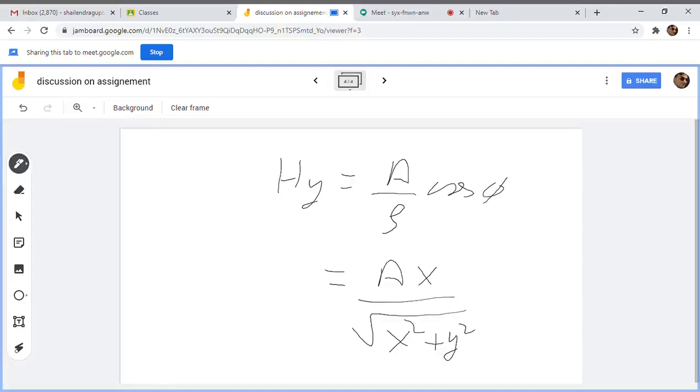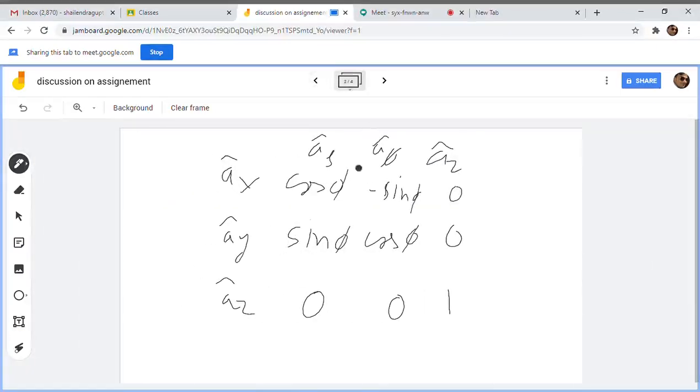Can anybody tell what will be Hz in this part? Somebody, what is Hz? Just switch on your mic and tell me what will be Hz. It is very simple.